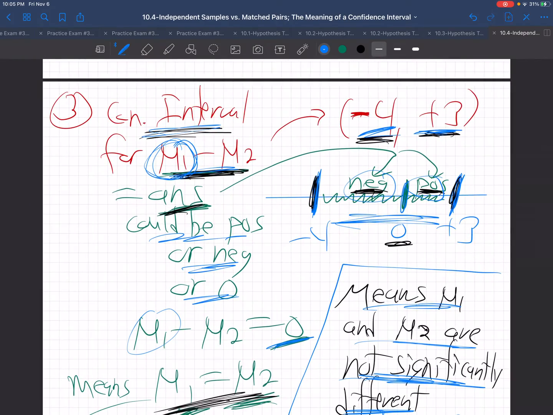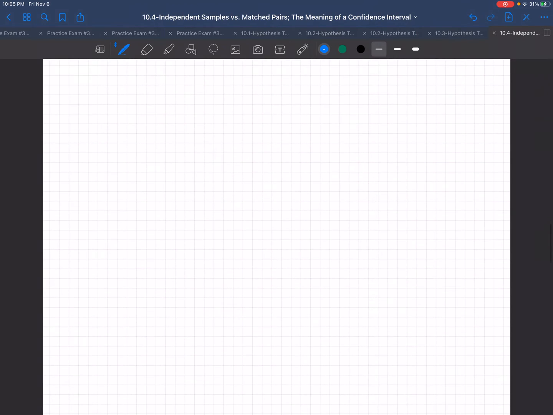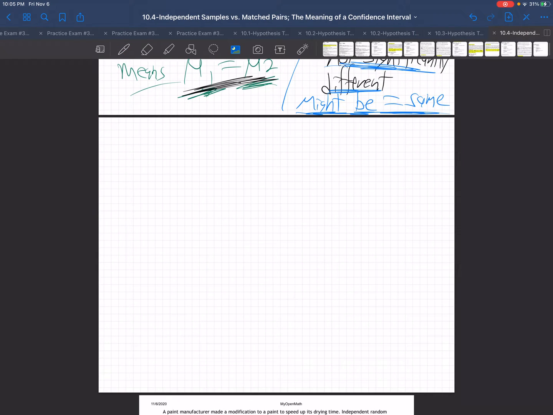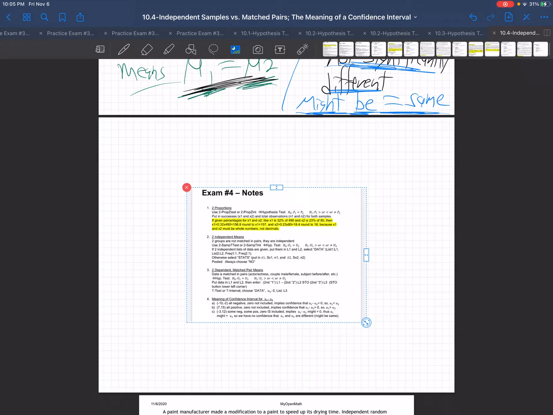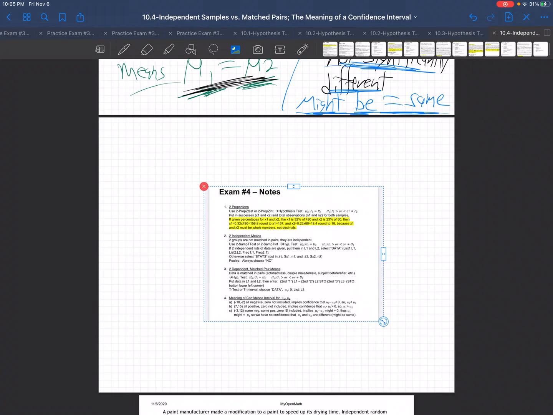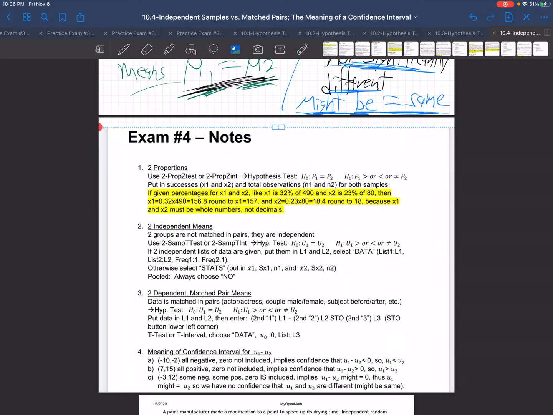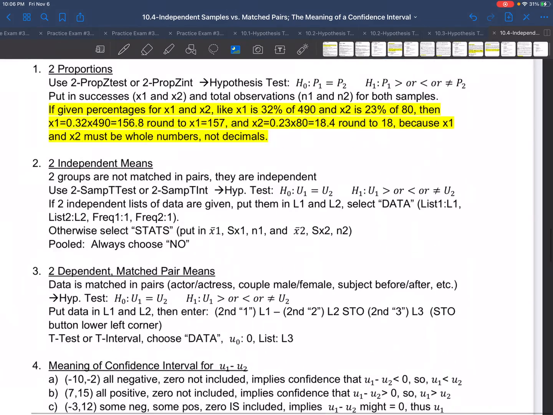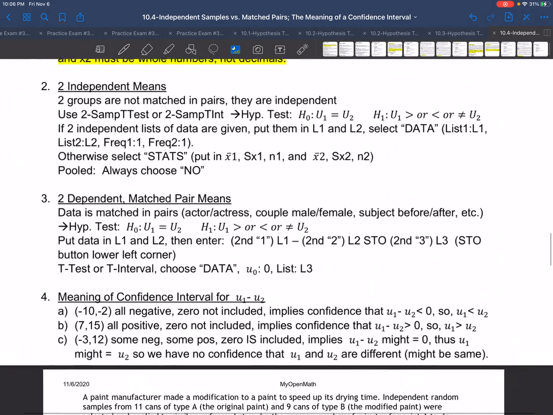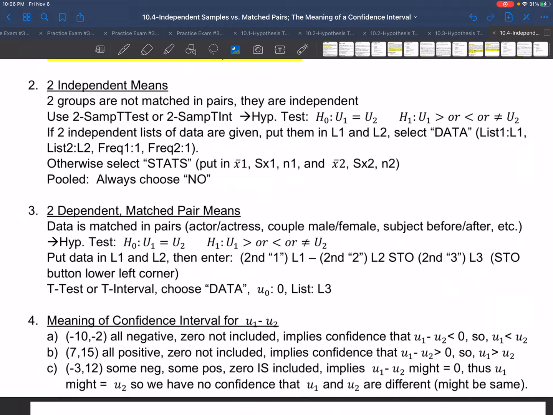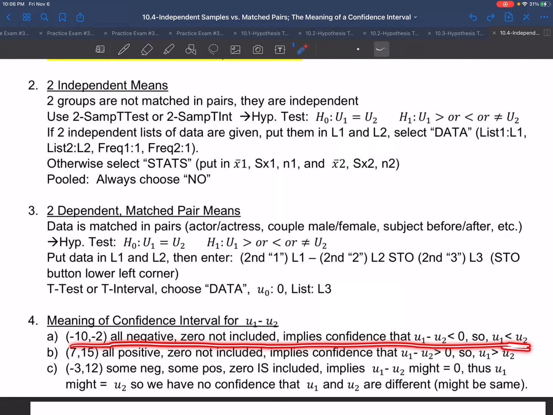Let me show you all this in the exam notes, which are not here. Let me grab them for you. Put them right here. They're right here, down at the bottom. Meaning of confidence intervals for mu1 minus mu2. The what I just said: all negative, 0 not included, implies confidence that mu1's lower.